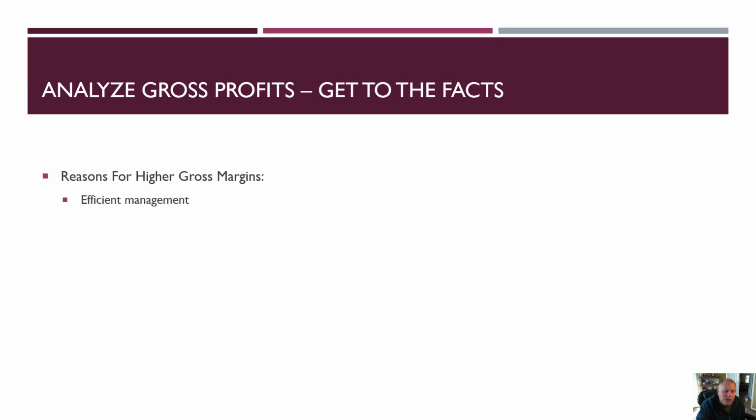And the first is we look at some of the reasons for higher gross margins. Efficient management. They know how to make the process work. Low cost of production, mainly where you may locate your facility, because different geographic areas may have a lower cost of production, both on cost of property and labor.